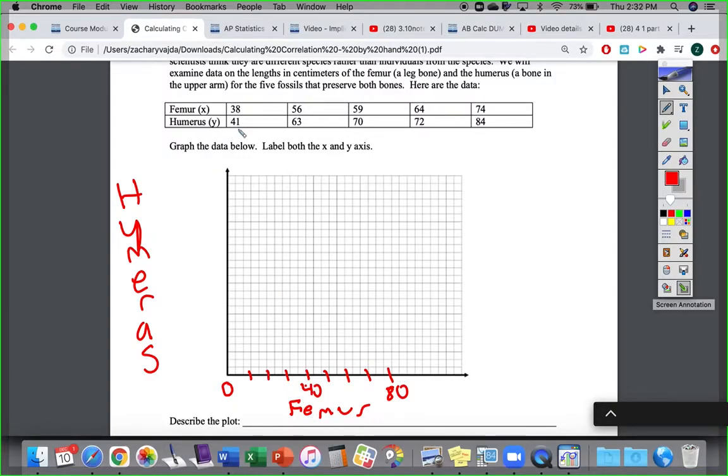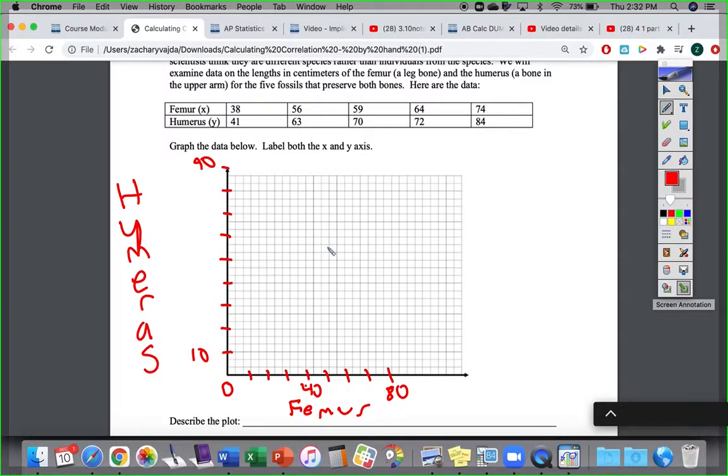The y-axis goes from 0 to 84, so we're going to go to 90. So I'll go 3 bars, 10, 20, 30, 40, 50, 60, 70, 80, and the last one would be 90.